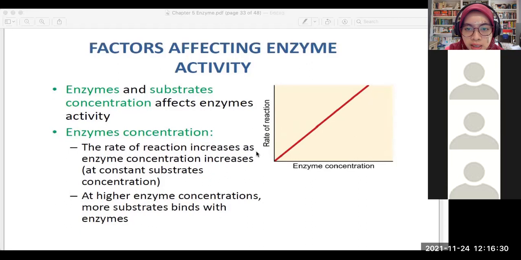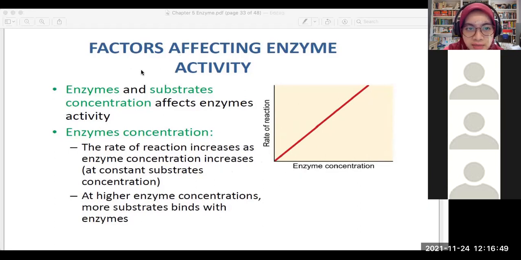This is at a condition where the substrate concentration is kept constant, but we keep increasing the enzyme concentration, so we can observe an increase in rate of reaction.